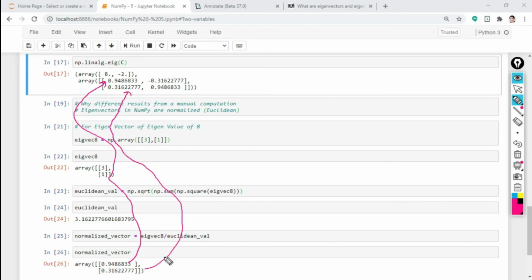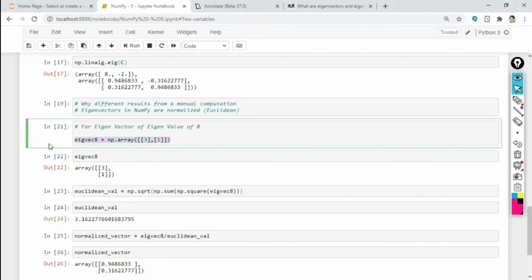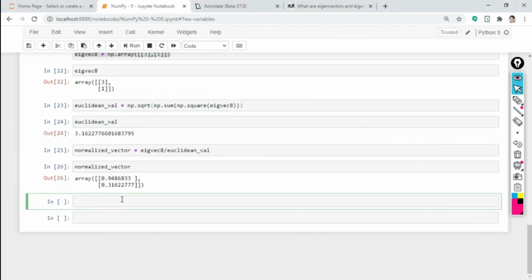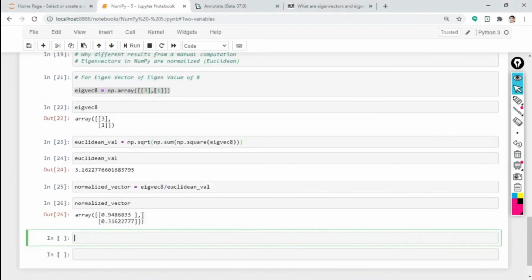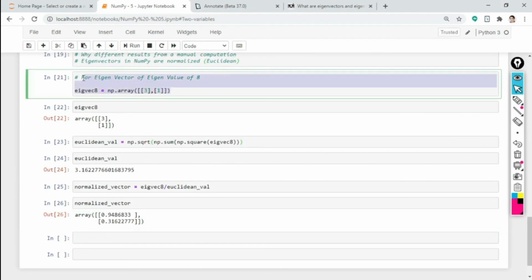I will just change the specific variable. How about the eigenvalue of -2, for example? I think this one will be easy. Let me copy this one.